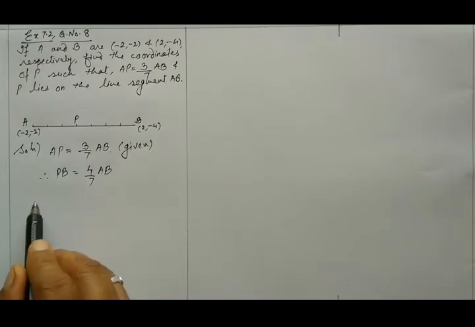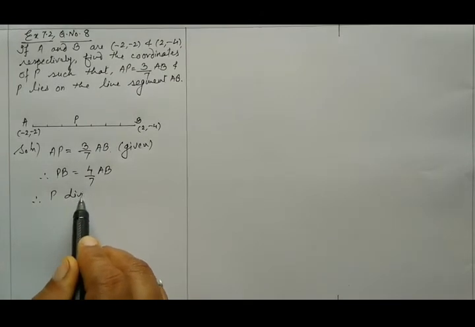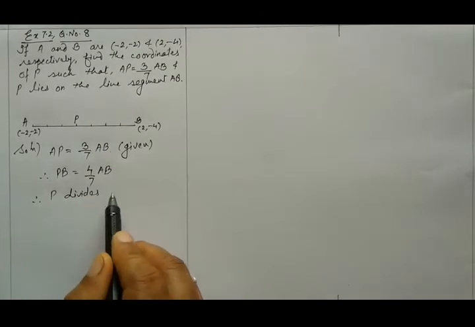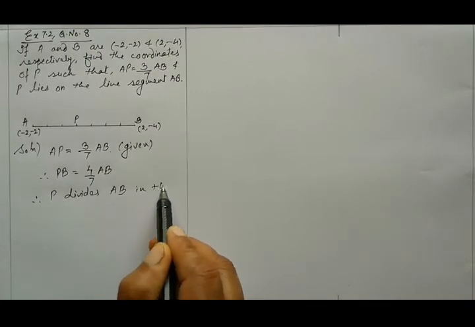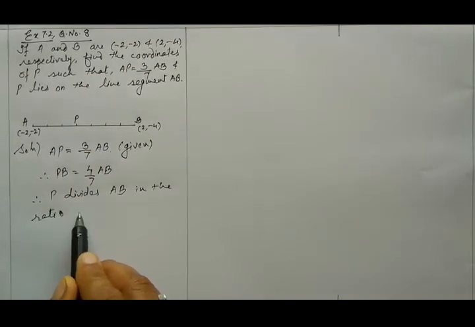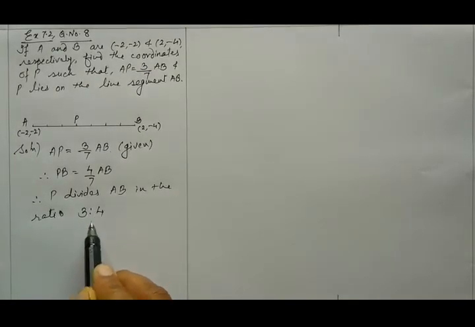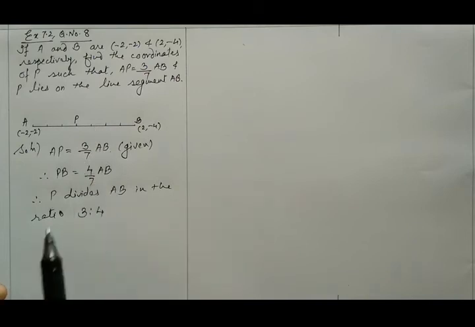So therefore P divides AB in the ratio 3:4. So what you have to find? Find the coordinates of point P.